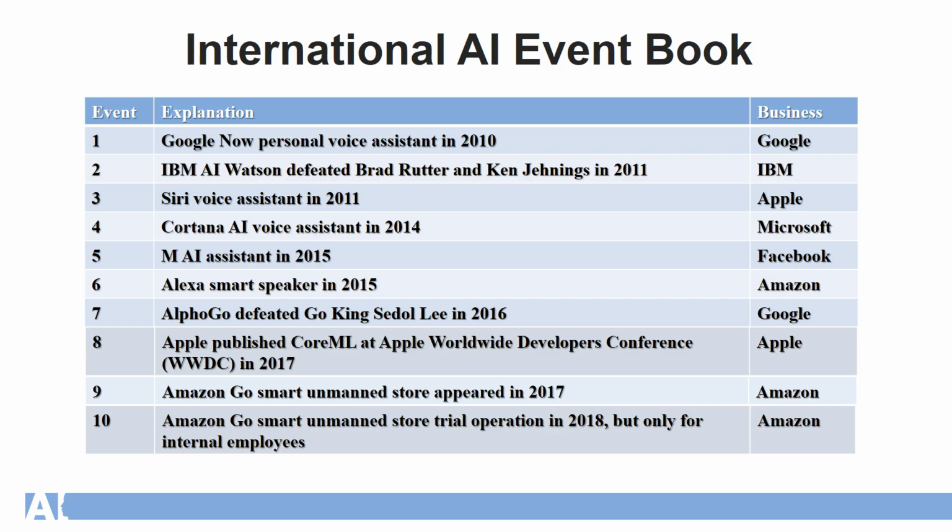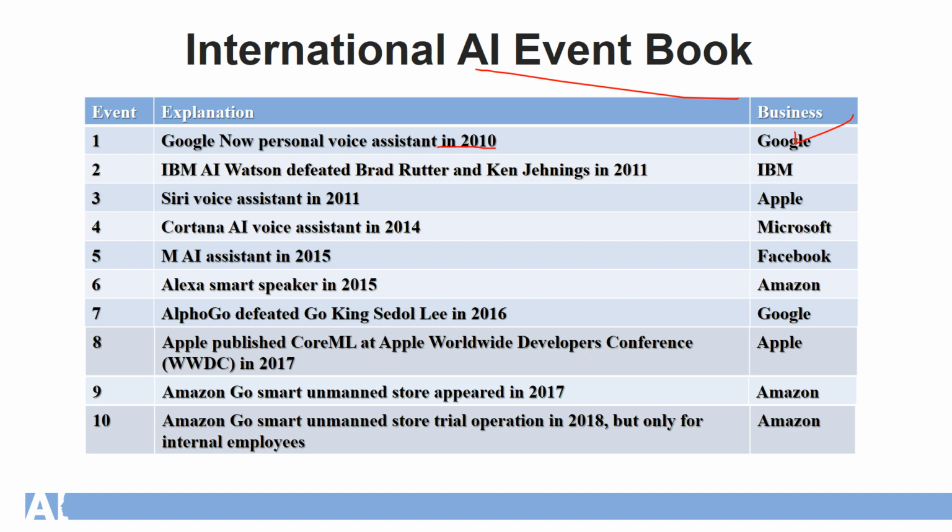That's the event book. Okay, so in 2010 Google had a personal voice assistant called Google Now. And in 2010, IBM's AI Watson defeated two people, Brad Rutter and Ken Jennings.